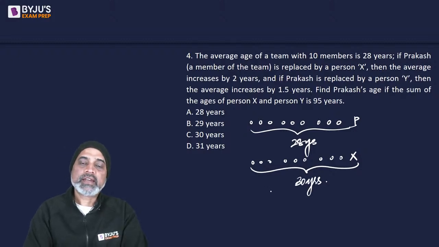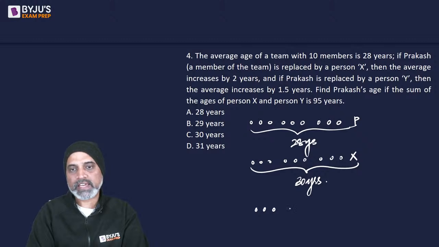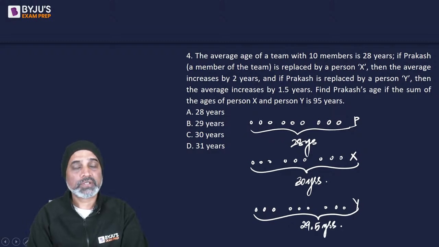Then it again says that if it's not X but rather Y, so the same 9 people and Y, the average increases by 1.5 years. So it's going to be 29.5 years, right?